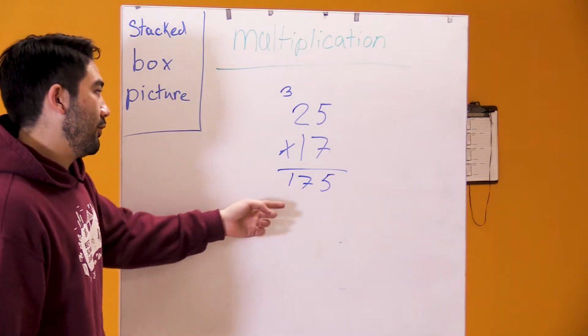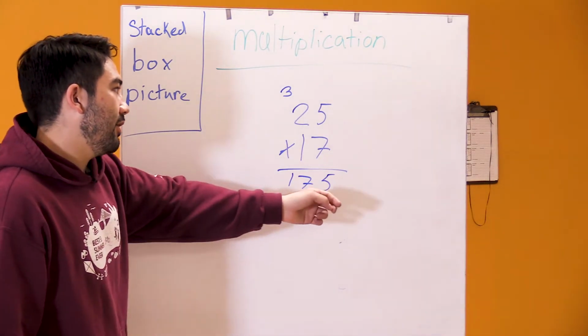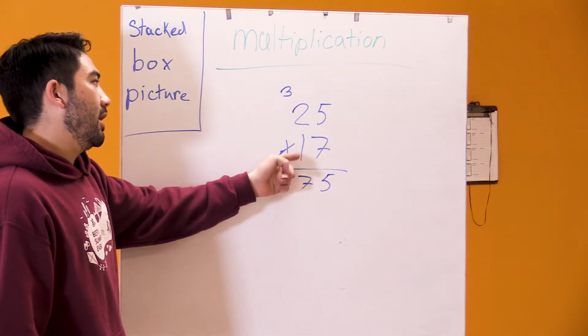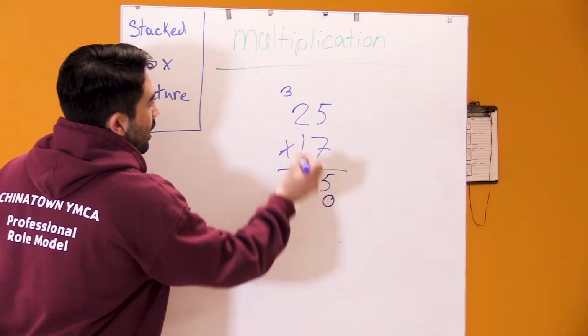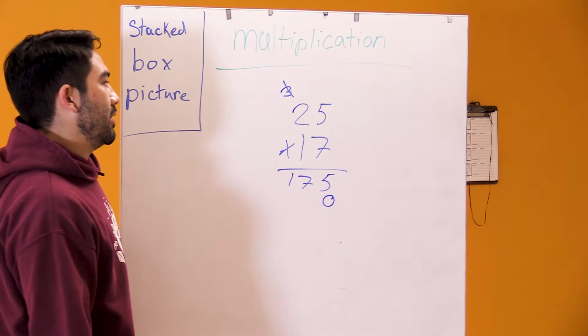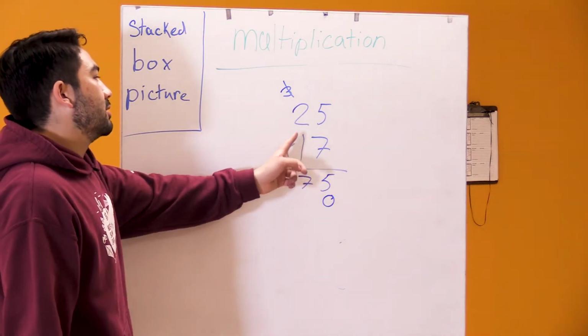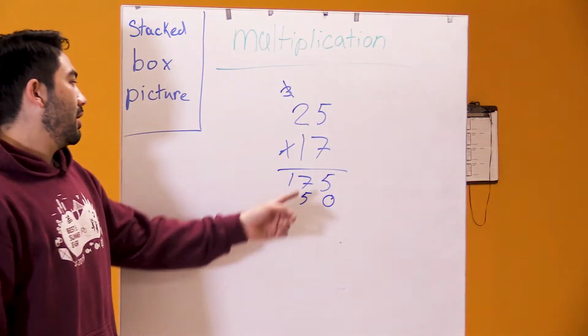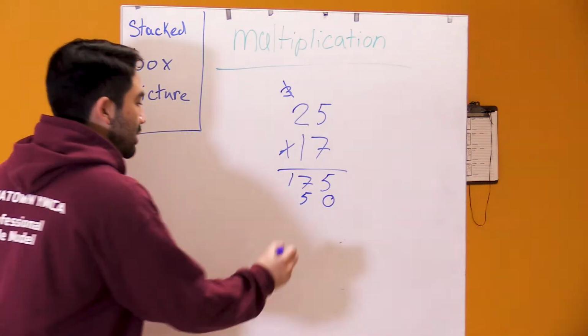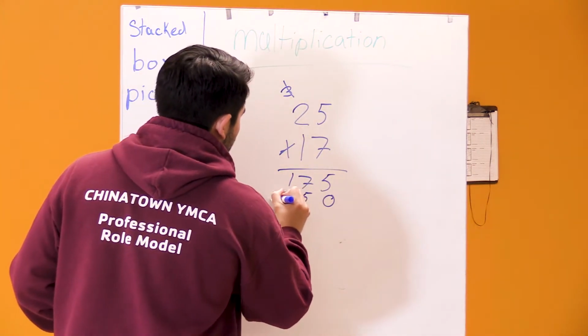Okay, so on our first row we have 175, but now we need to multiply the 1 times the 5 and the 1 times the 2. So I'm going to add a 0, cross out our 3 because we already used it, and just multiply. So 1 times 5 is going to be 5. 1 times 2 is going to be 2.